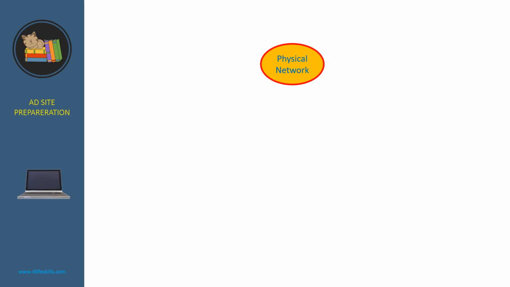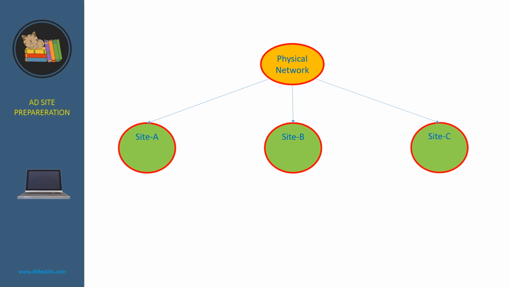For example, in our network, we can configure site A, site B, and site C. This allows us to figure out the subnets associated with each site. For example, site A is associated with subnet 1 and subnet 2. Site B is associated with subnet 3 and subnet 4. And site C is associated with subnet 5.